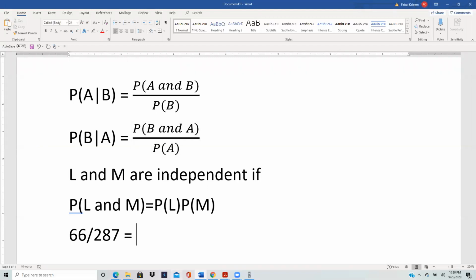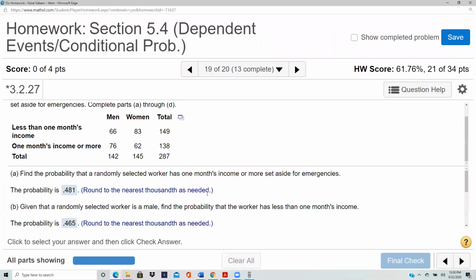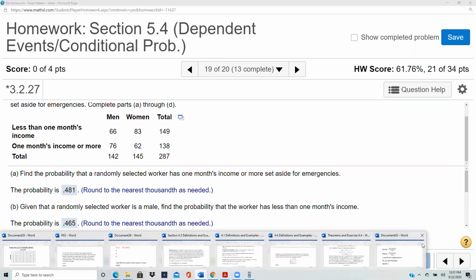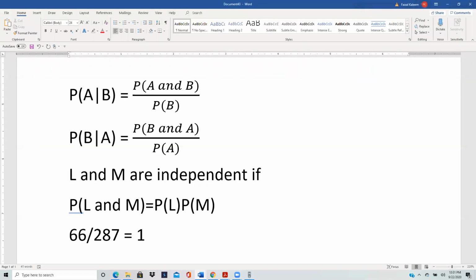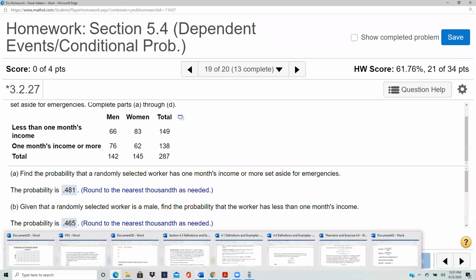So P(L) is just the less income, that is 149 over 287. And P(M) is the male, so 142 out of 287.